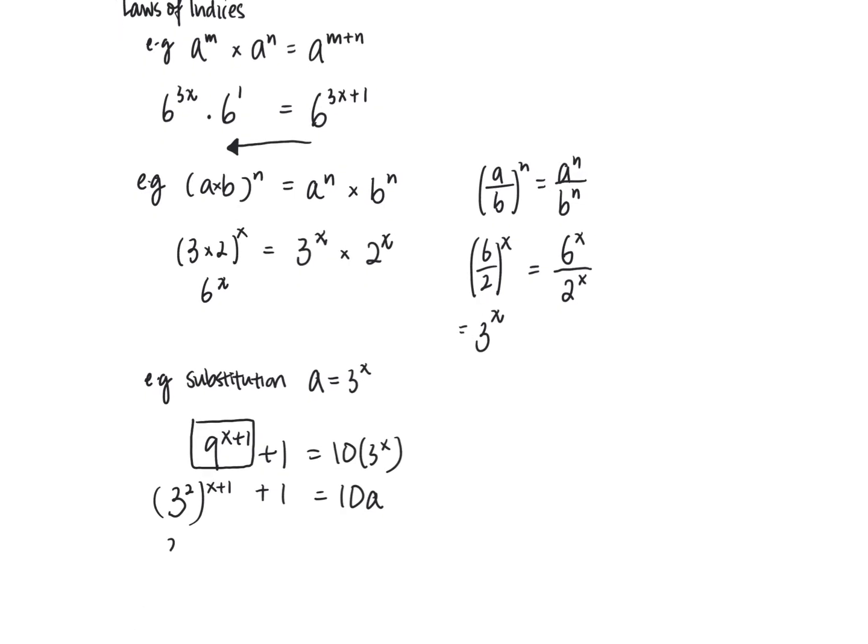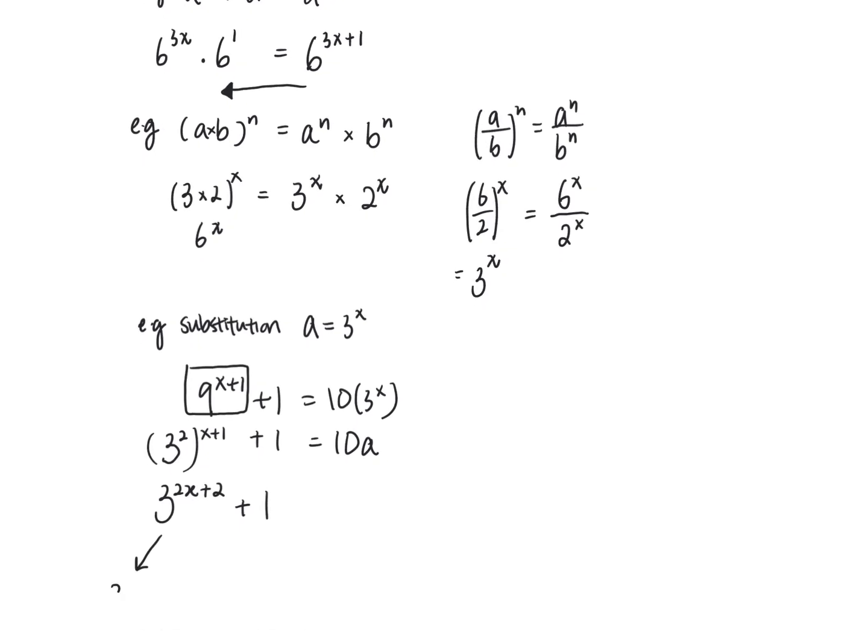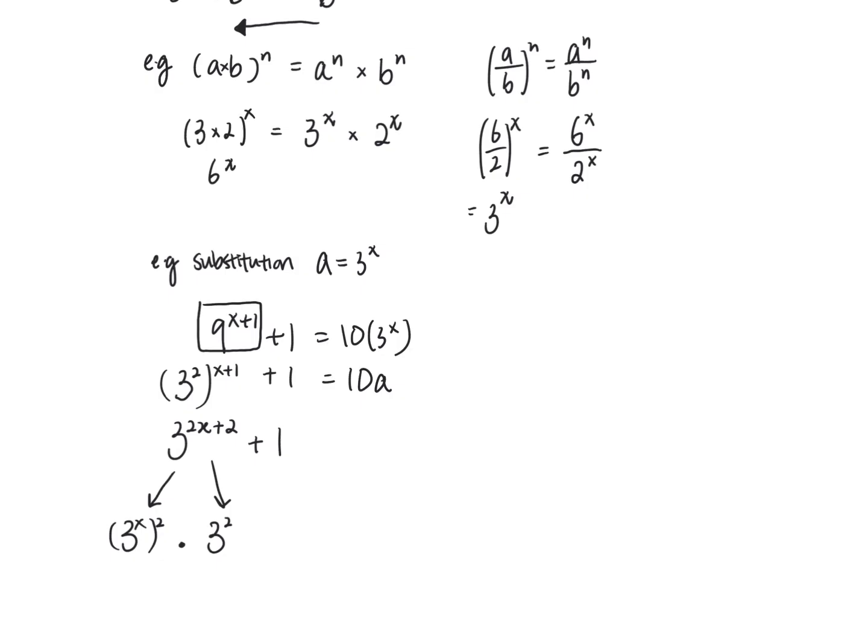So when I simplify, this is my 2x plus 2. And then I will need to split it into 2 parts. One is this. The other one is a 3 square. Okay, so if you see carefully, this is a 9. This is A square. This is 9.